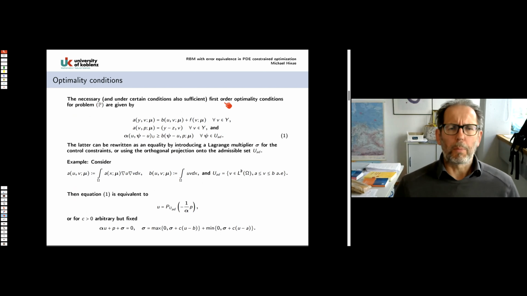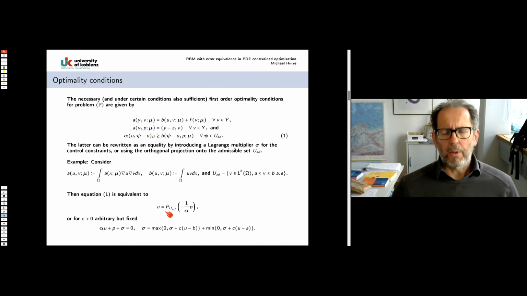Okay. That is a question I always like to pose, and the reason for this maybe can be found on this slide. So I can go back to this. When you look now at the optimality conditions, PDE, adjoint PDE, and then you get this inequality here, which you can rewrite as a non-smooth equation.